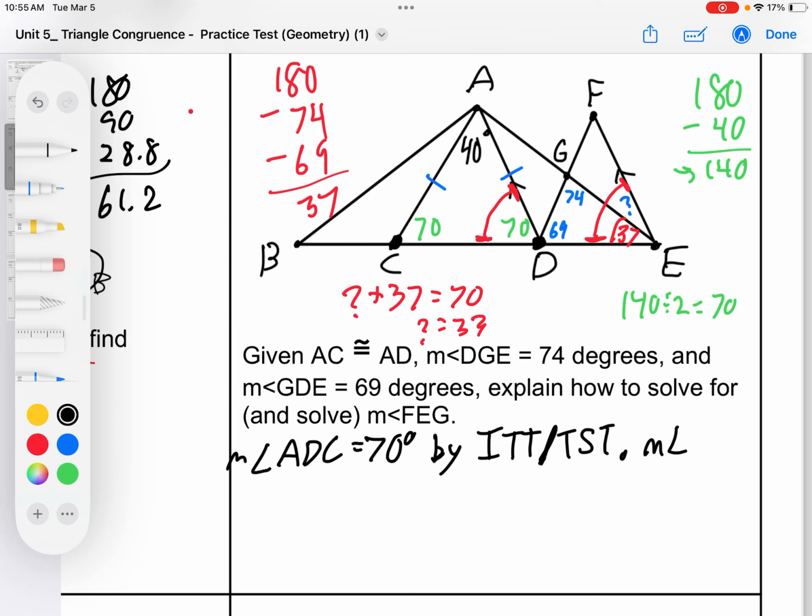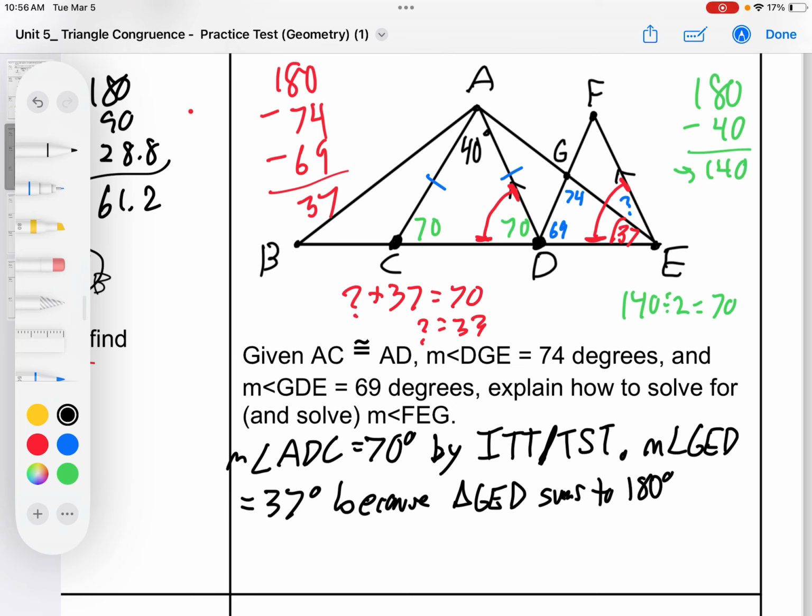Measure of angle GED is 37 degrees. That's this one. Because triangle GED sums to 180 degrees.